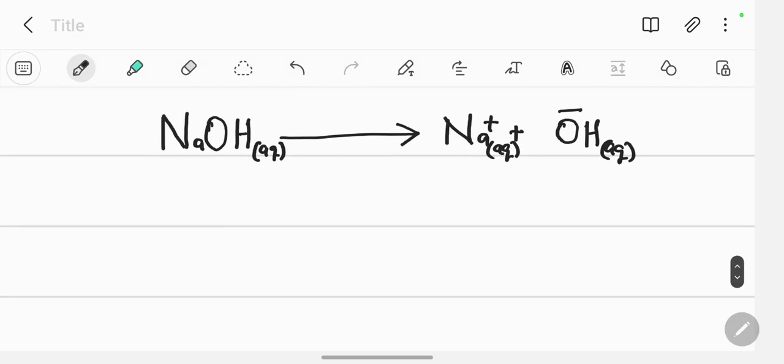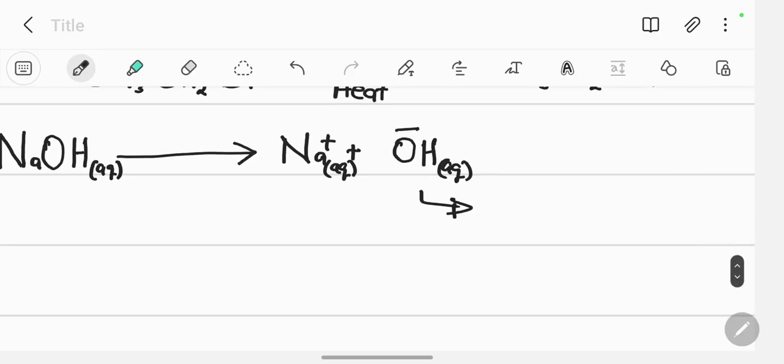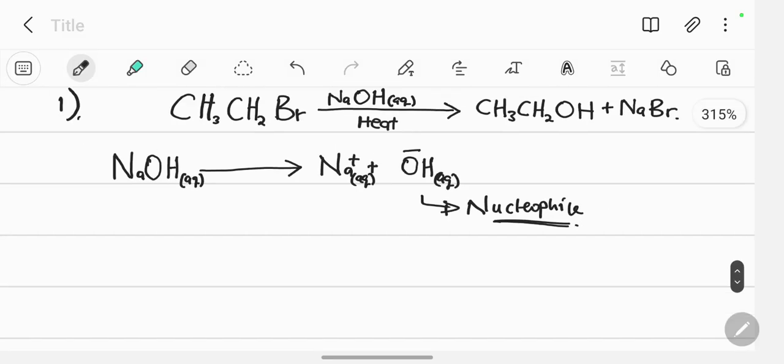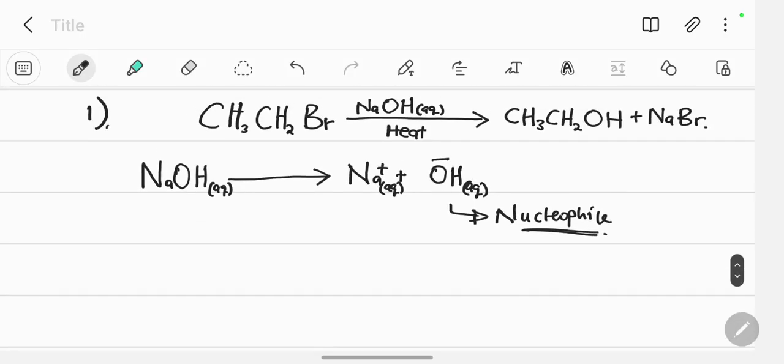Now we formed our electron-rich species, so it's going to be our nucleophile. When I mention a term that you don't know, go and read about it in that book, Demystifying Organic. So this nucleophile is the one that is going to initiate the attack.